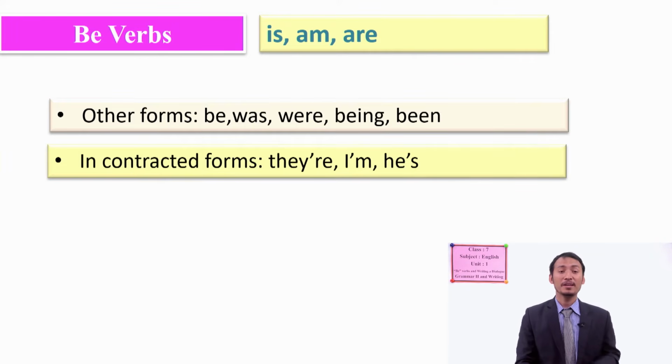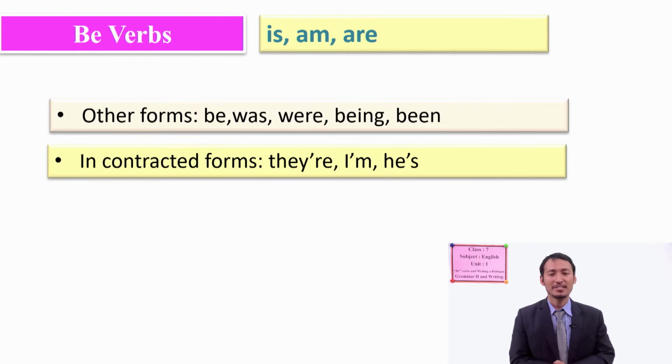Now, we also have contracted forms. For example, they're, I'm, he's. Okay, these, is, am, are can be contracted, and they can come with a pronoun and be written in short form with only 're or only 'm or only 's.